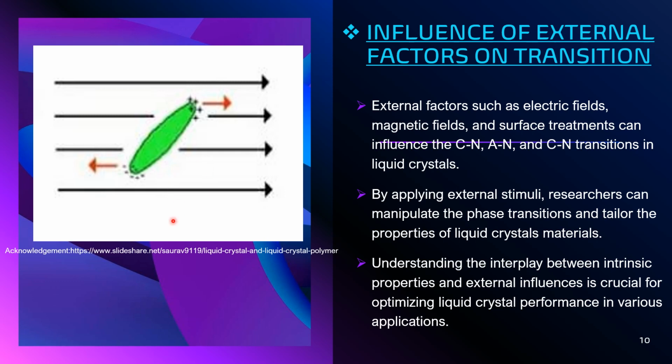For example, when a thin polymer coating on a glass substrate is rubbed in a single direction with a cloth, it is observed that liquid crystal molecules in contact with the surface align with the rubbing direction.